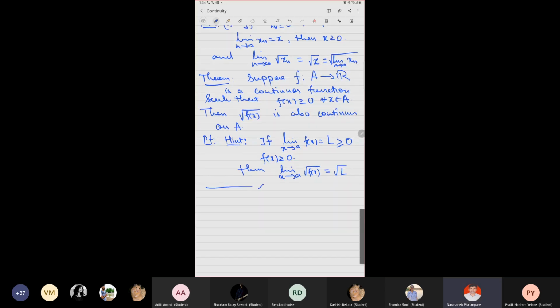At what points is the square root function continuous? The points where f is continuous and f is non-negative.